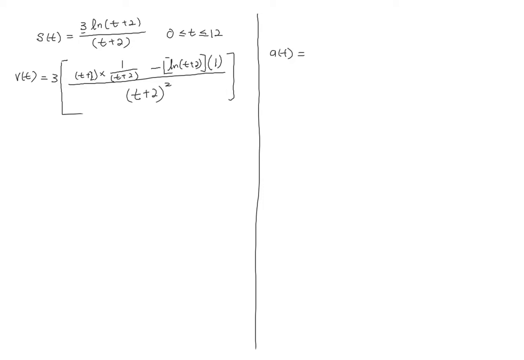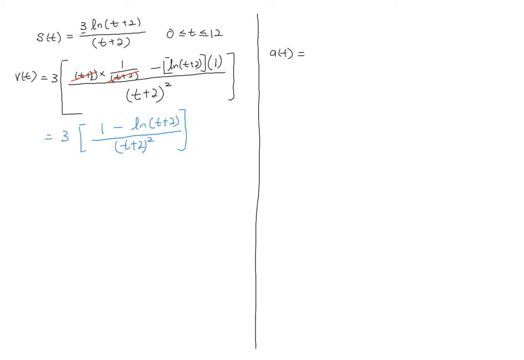So you just have to do it slowly. Now we start to simplify. Cancel, cancel. So it becomes 3, 1 minus ln of t plus 2, the whole thing over t plus 2 squared.